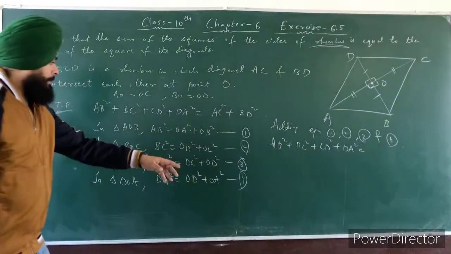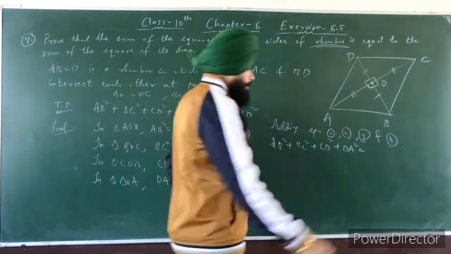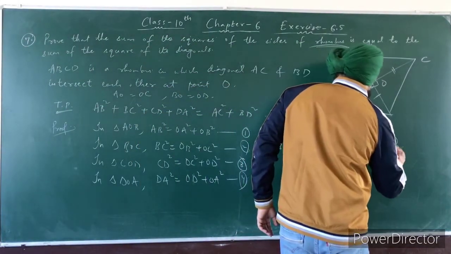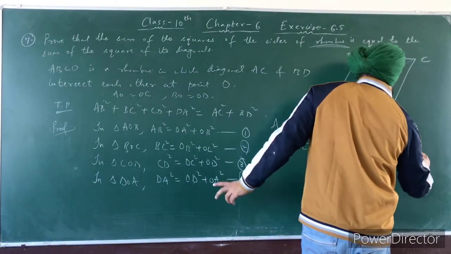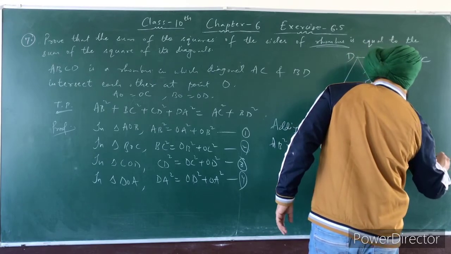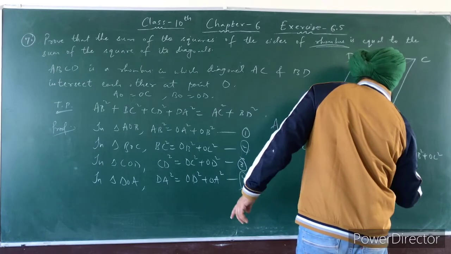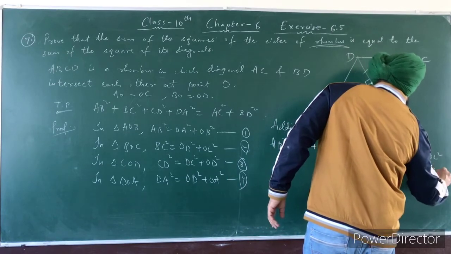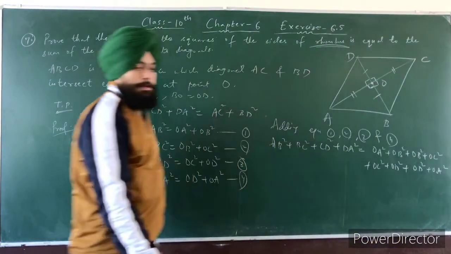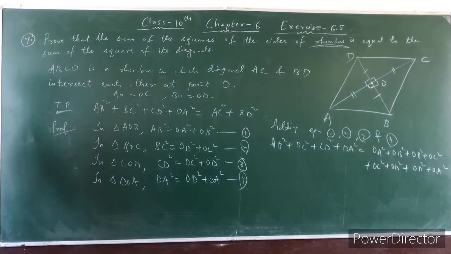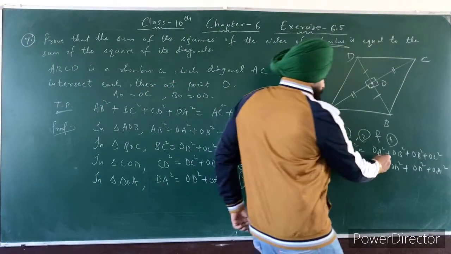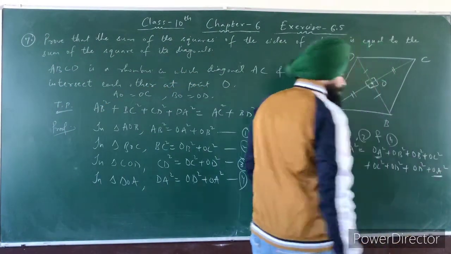And on the other side, OA square plus OB square, next OB square plus OC square, next OC square plus OD square, next OD square plus OA square. So you can see here on the right hand side, OA square comes how many times? 2 times.